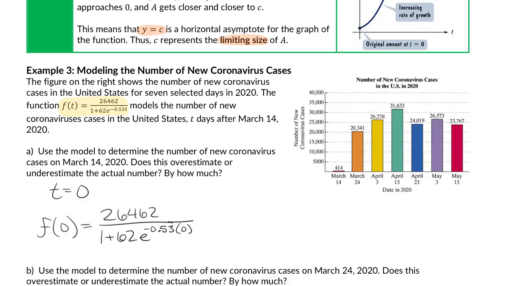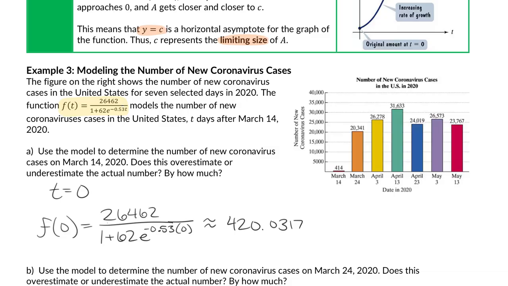You must use either the appropriate parentheses to make sure you're actually dividing by the entire denominator or just use the fancy fraction in the calculator. But we're going to take a pause and we're going to figure out the number of new COVID cases on March 14th, 2020 based on this model. Okay, we should get that this is approximately equal to 420.0317. Is that what you guys got?